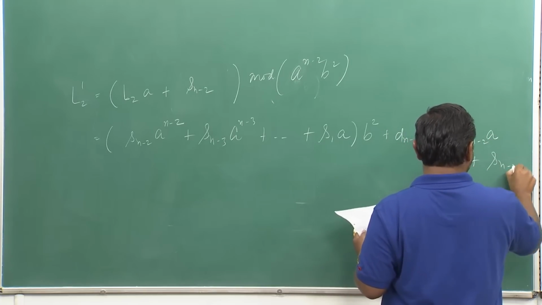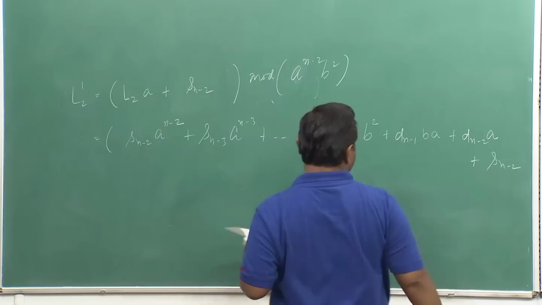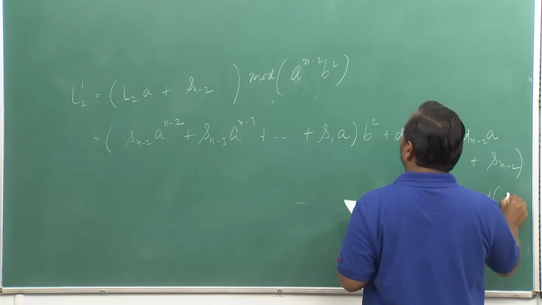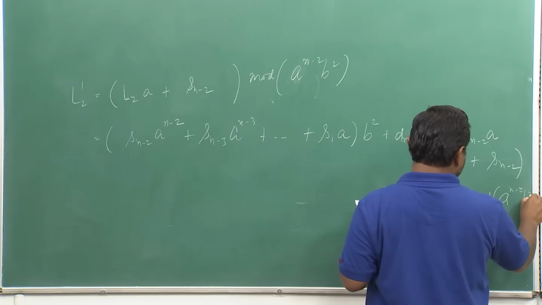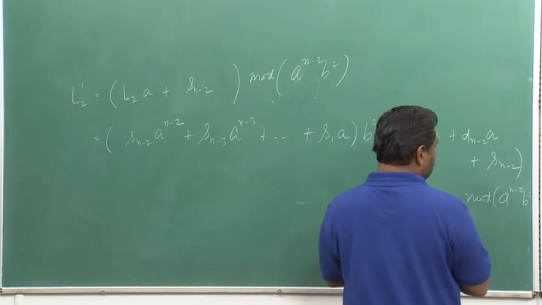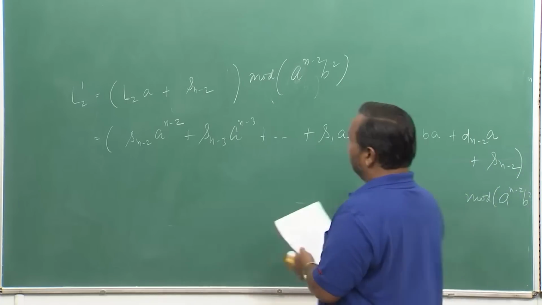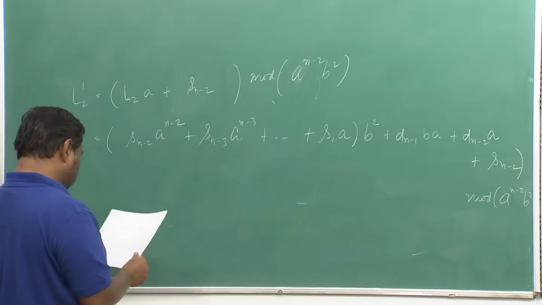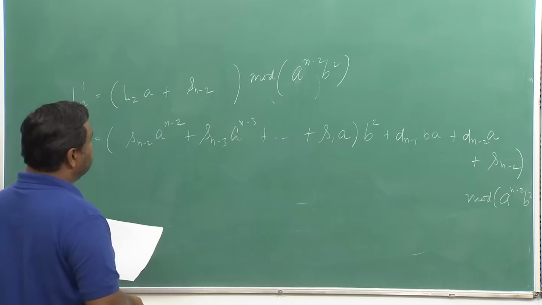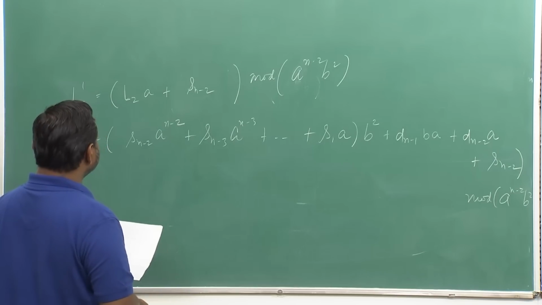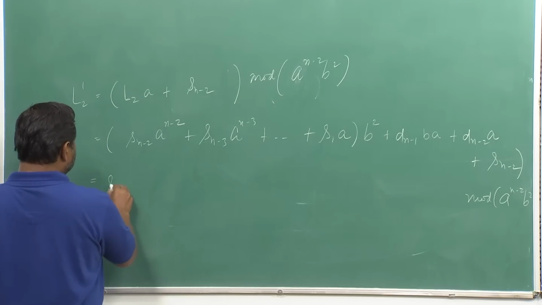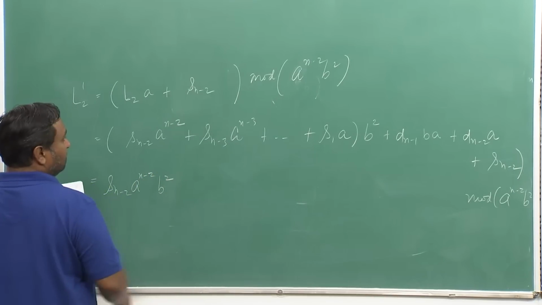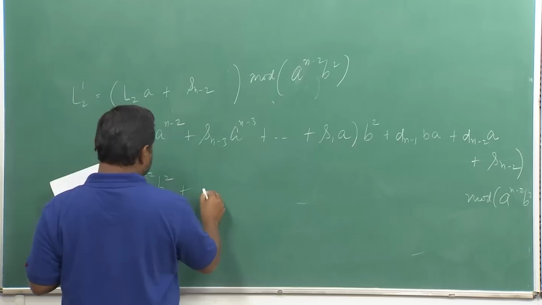This Sn minus 2 has come because of this term, and then I have to do modulo of a raised power n minus 2 b square. So, once I do it, one term which will come out is Sn minus 2 a raised power n minus 2 b square plus the remaining stuff.